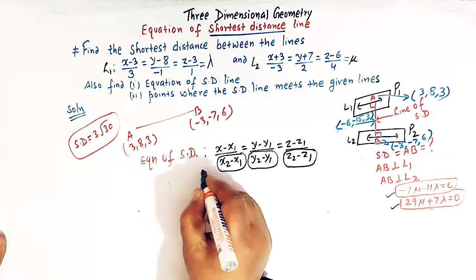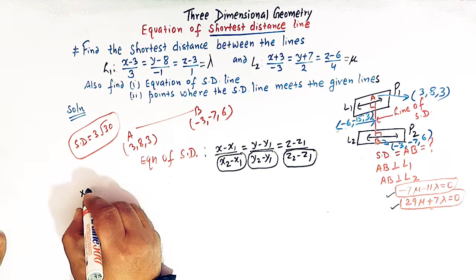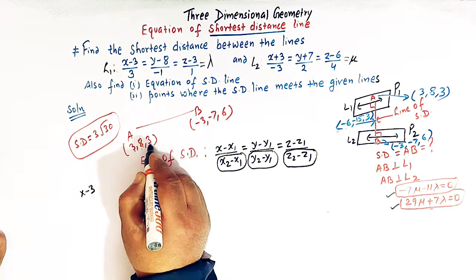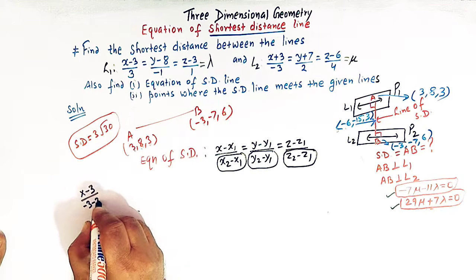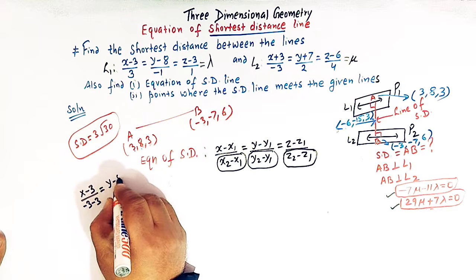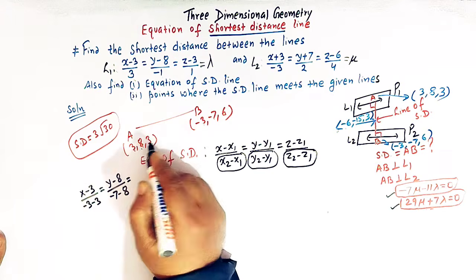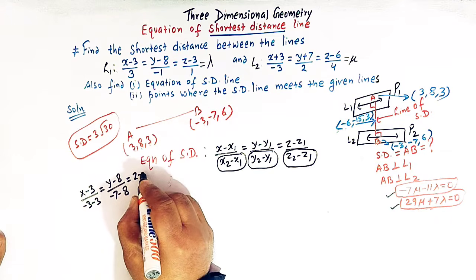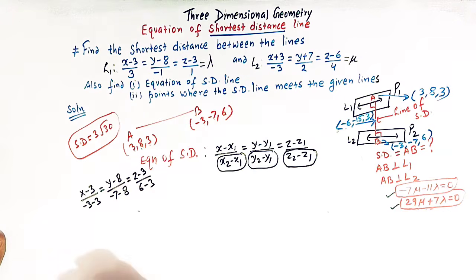So the equation of shortest distance is given by x minus 3 over minus 3 minus 3, y minus 8 over minus 7 minus 8, and z minus 3 over 6 minus 3, right?